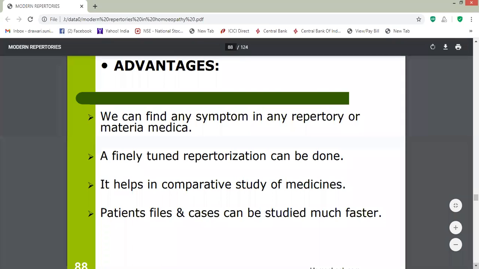You can make your own materia medica according to your clinical knowledge and experience, which is again useful in clinic during practice. Then in these softwares we can make our own additions.